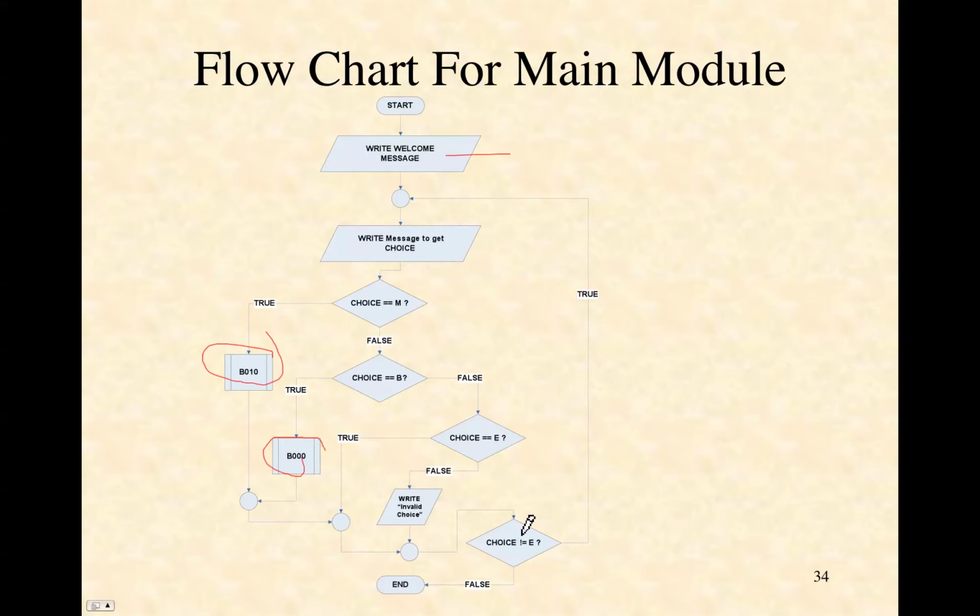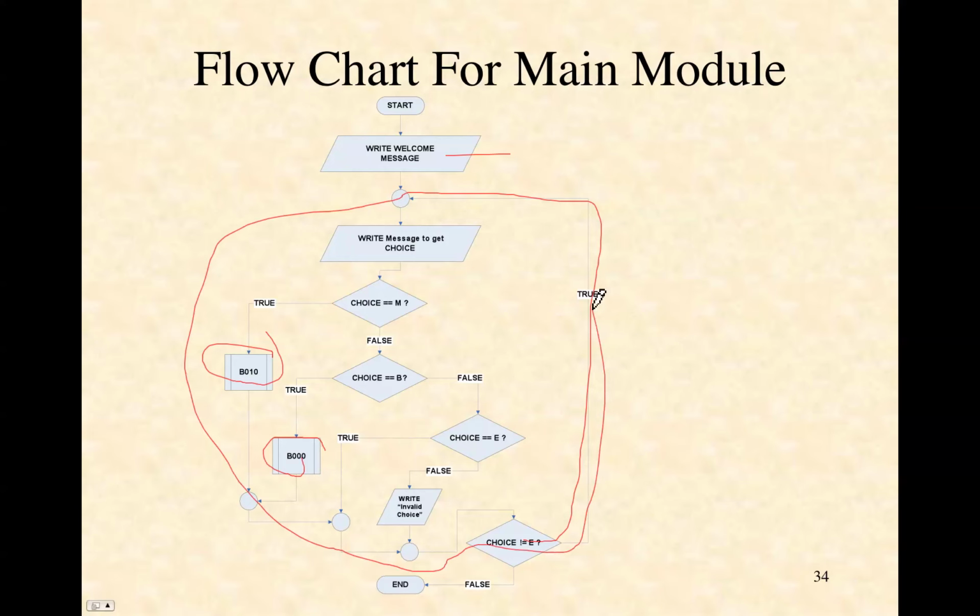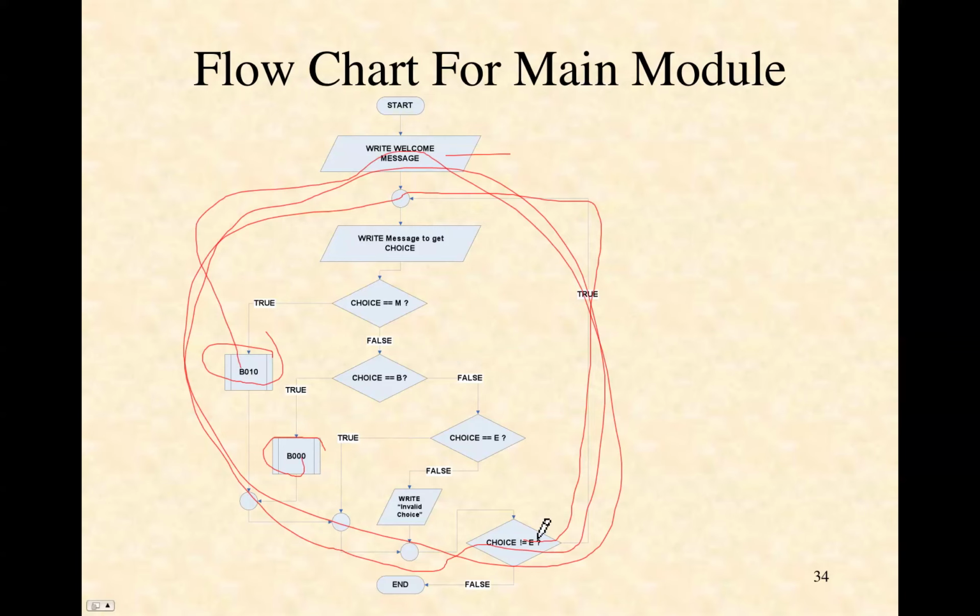And then I test whether choice is not E. If choice is not E to exit, then I go back here again and repeat the loop again. So really, basically, this code is in the loop. So this code will repeat again as long as user does not enter the choice as E. If choice is E, then choice not equal to E will be false, and I exit the loop.